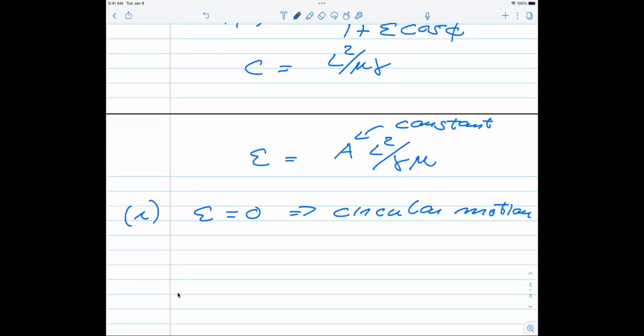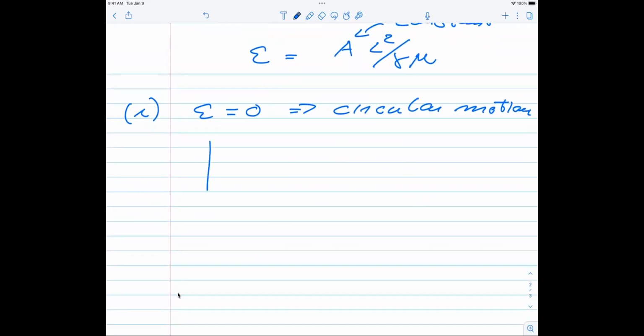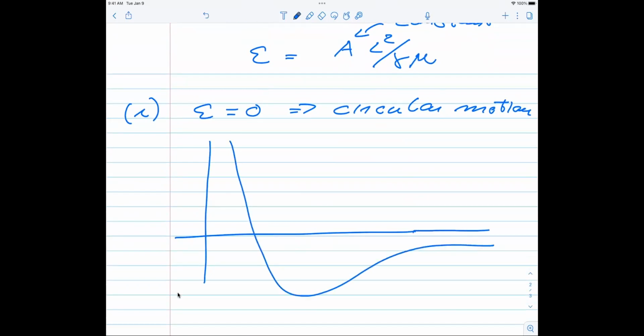And if we now plot this potential, we get something which runs like this. This is the effective potential, V effective. This is the total energy as a function of the relative distance, and it's only the magnitude of that relative distance.